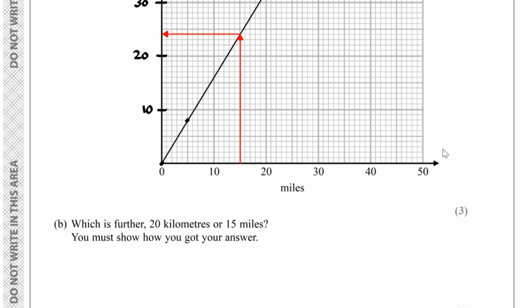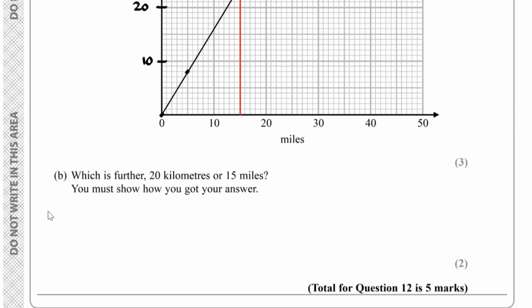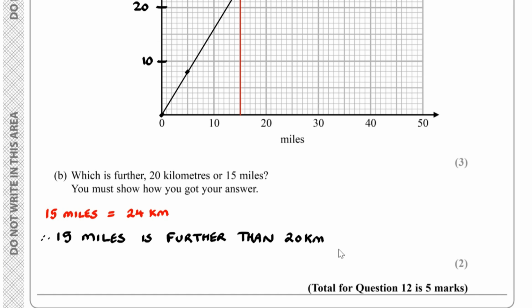And what we can see then is 15 miles is the same as 24 kilometers. So which is further, the 15 miles, which is the same as 24 kilometers, or the 20 kilometers? Well, we can see that 15 miles is further than 20 kilometers.